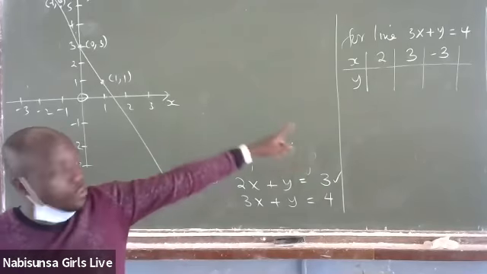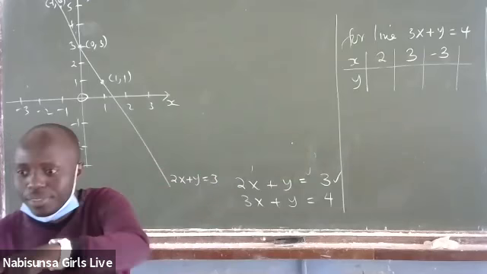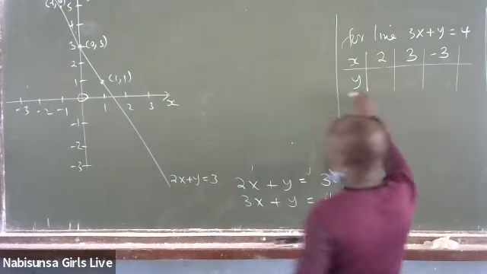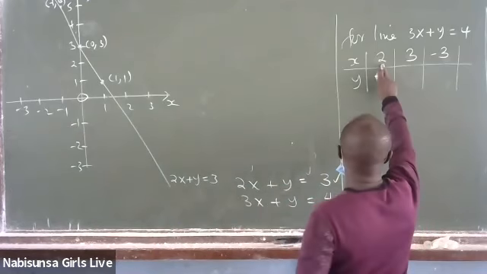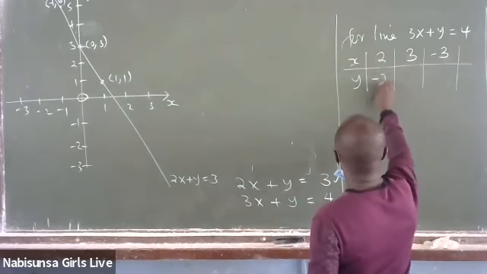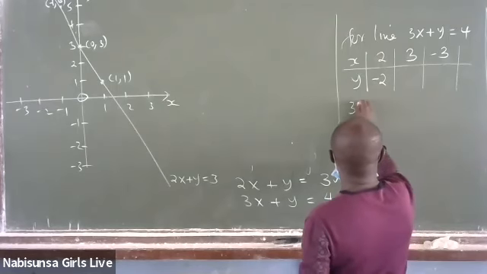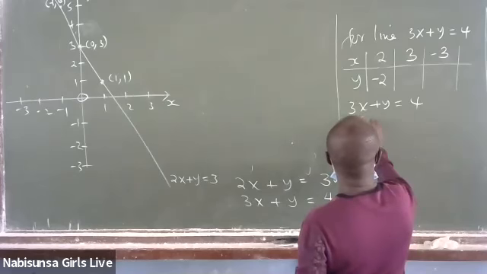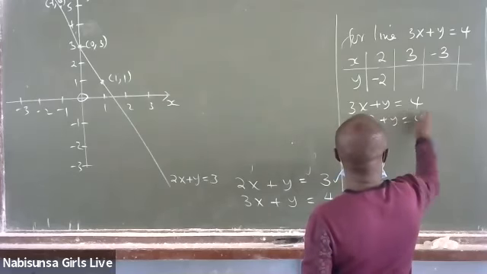So I hope you're looking for the values of y. When x is positive 2, y is negative 2. Because you have 3x plus y is 4. 3 times 2 plus y is 4.